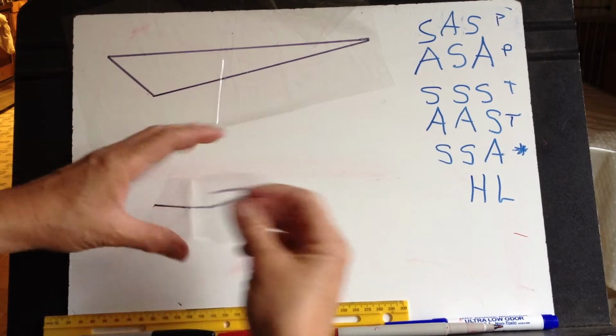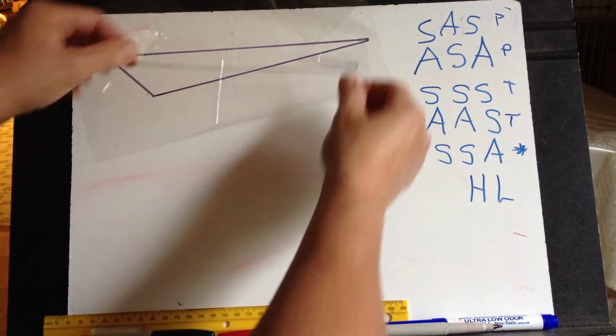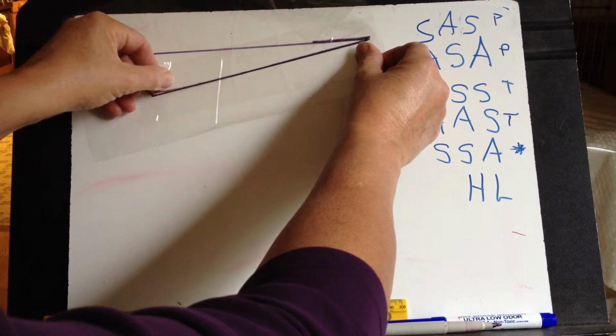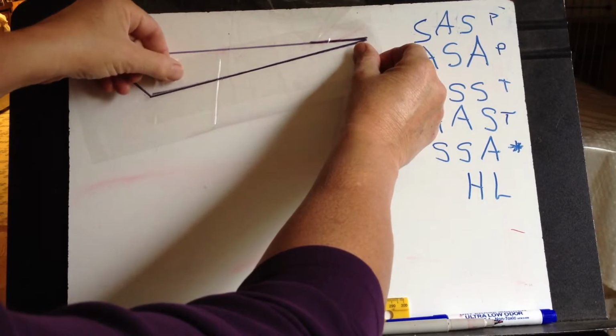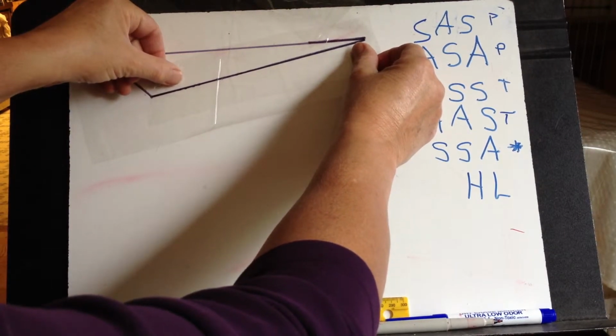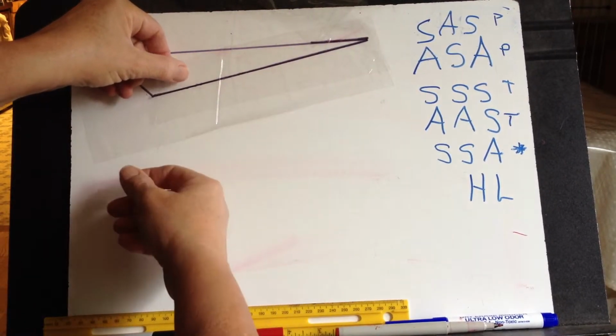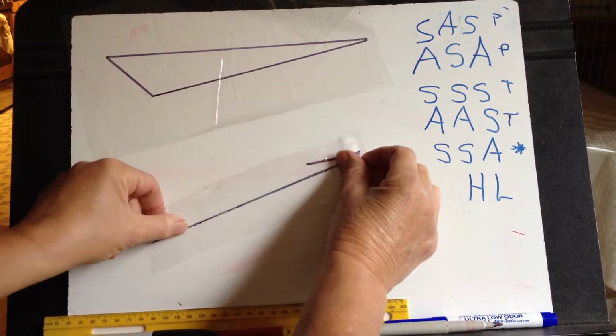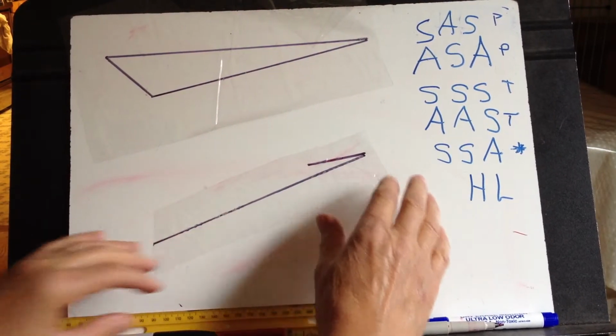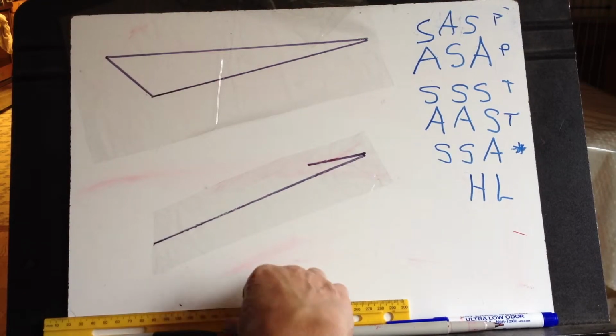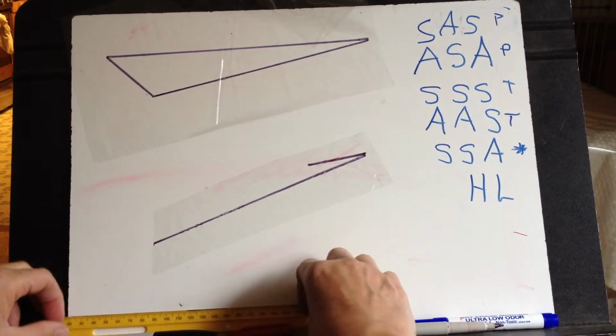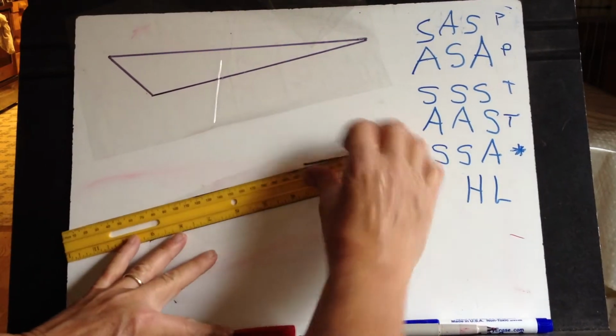Here is the side side angle, and this is a demonstration of why it doesn't work. So what I have done is copied the angle and the side, and I want to stick on a side. I want to extend that angle, first of all, and then stick on that third side.